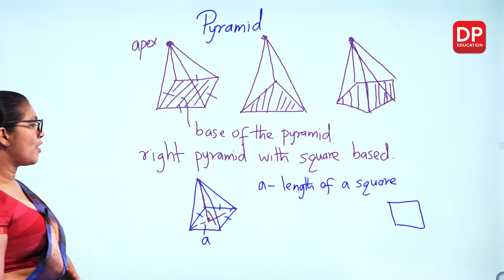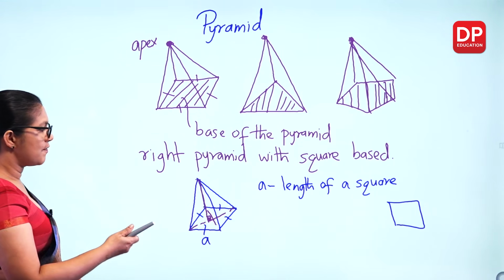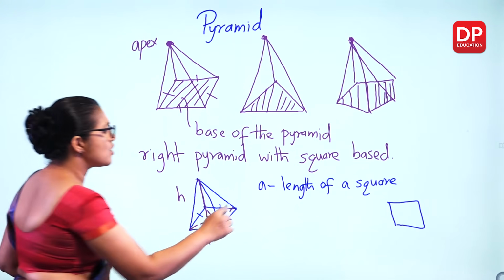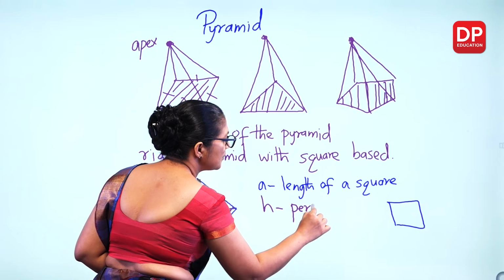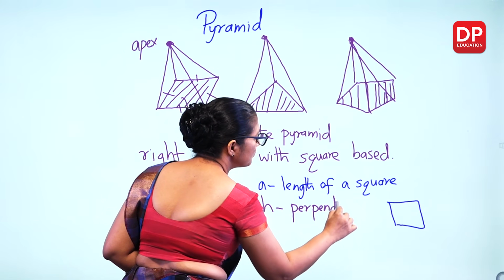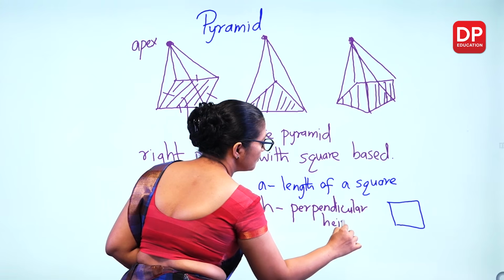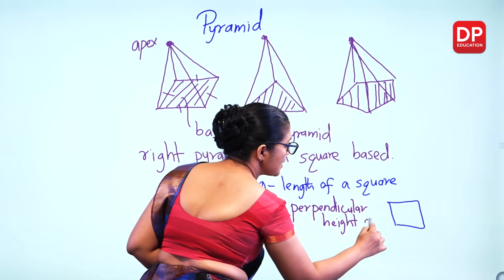If you take the midpoint of that, this is perpendicular to the surface. We take this one as H. So H we call the perpendicular height of the pyramid.